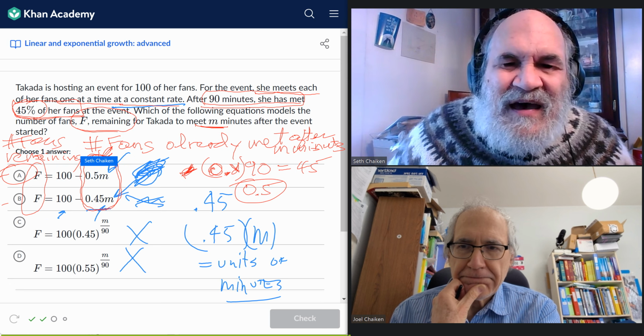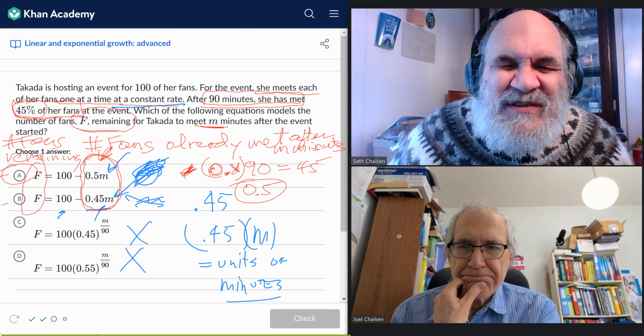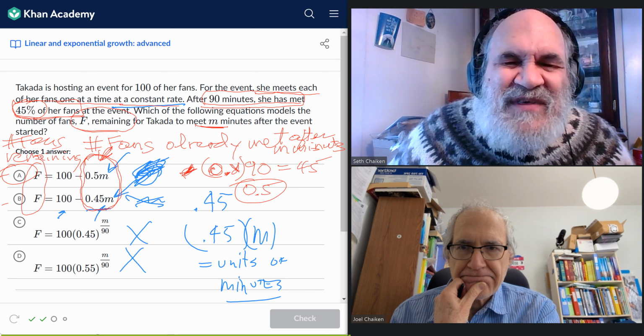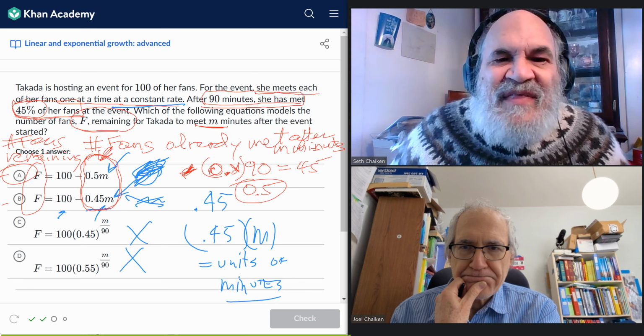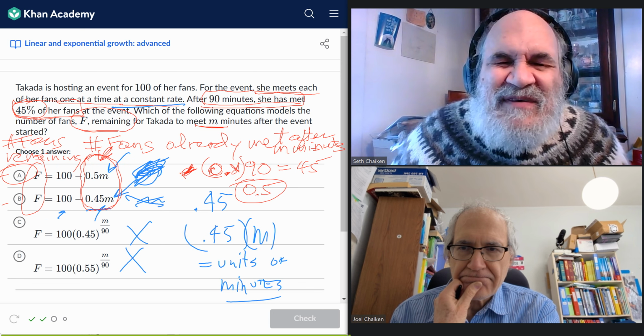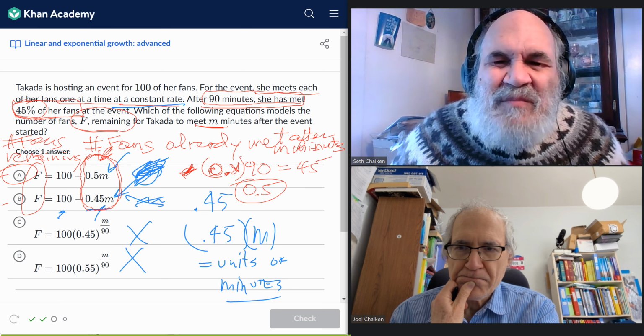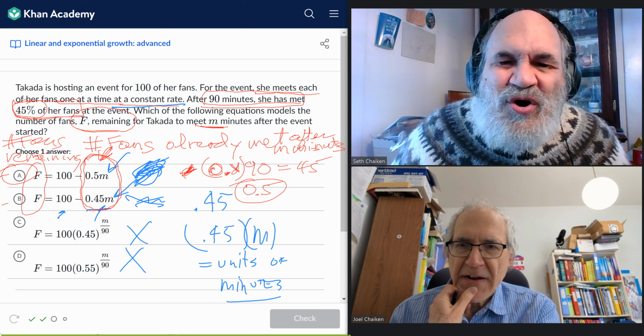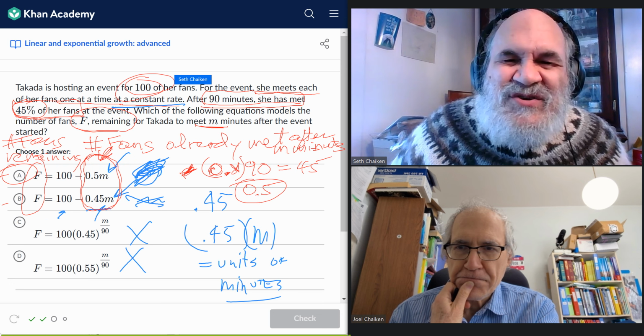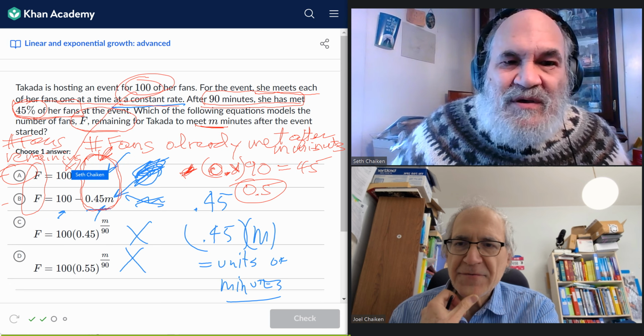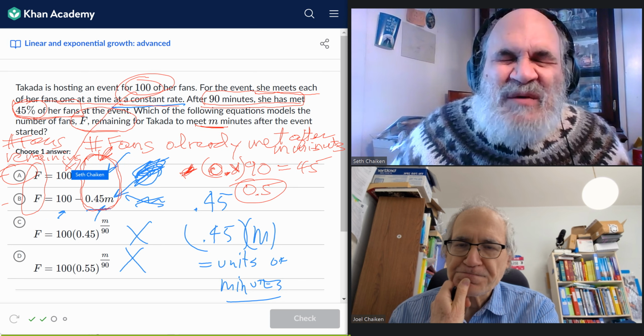Okay. Right. And of course, we know that these linear terms are negative of the number of fans already met because they tell you that the original number is 100. So the original number is 100.